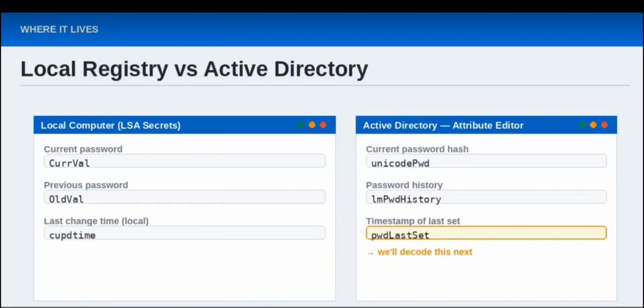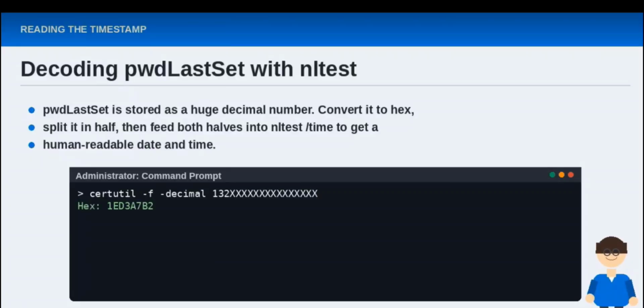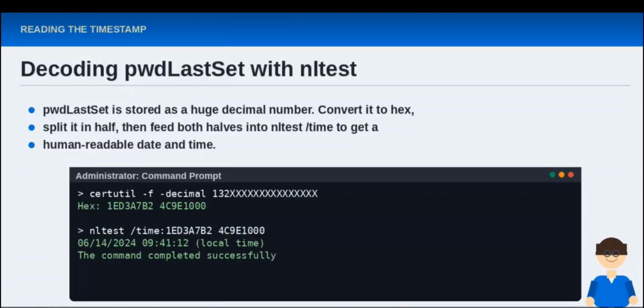Now let's understand how to decode pwdLastSet with nltest. If you have ever looked at pwdLastSet, you have probably noticed it does not exactly look human friendly. It's just a huge decimal number, right? Fortunately, decoding it is pretty simple.